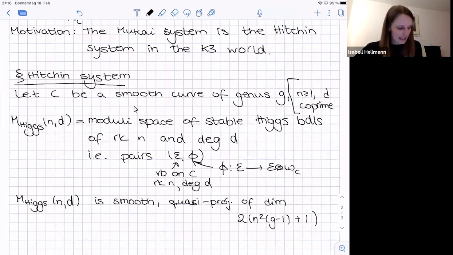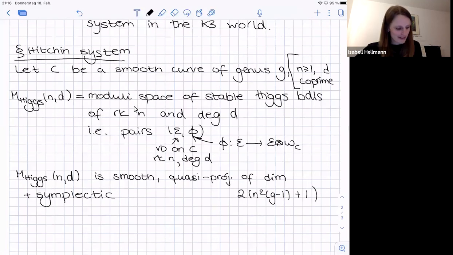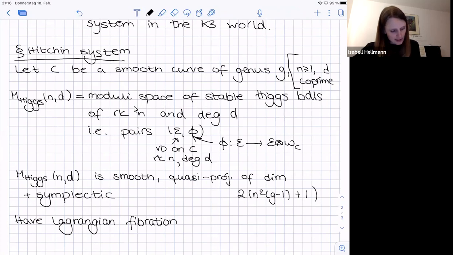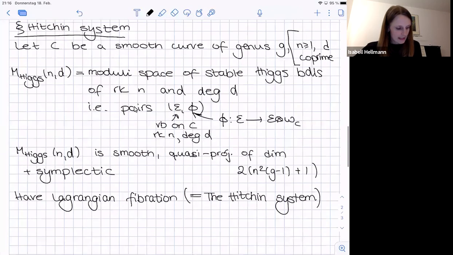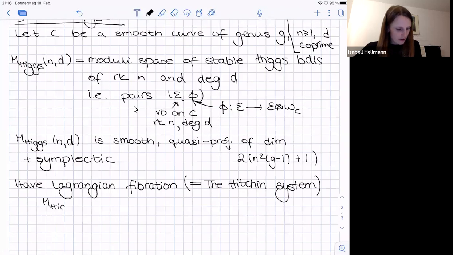It also has a symplectic structure and comes with a Lagrangian fibration. And this is what is called the Hitchin system.